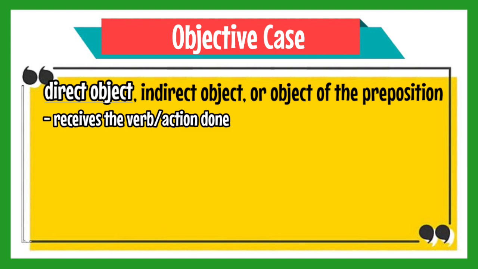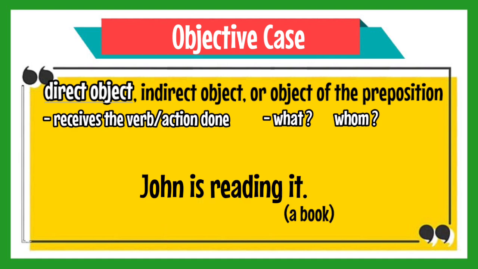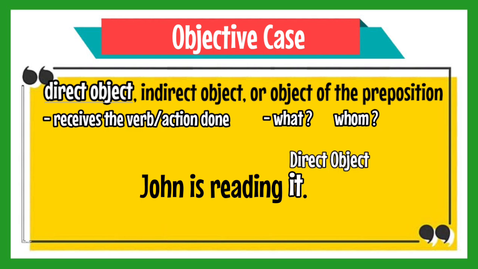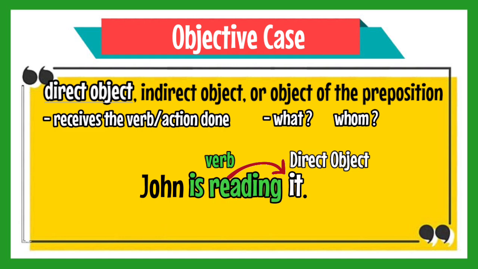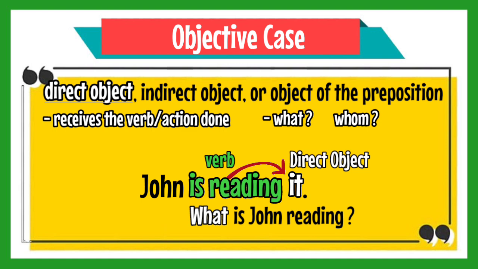It answers the question what or whom. For example, John is reading it. The pronoun it in the sentence functions as the direct object as it receives the action or the verb is reading. It answers the question what is John reading? It, which is the book.